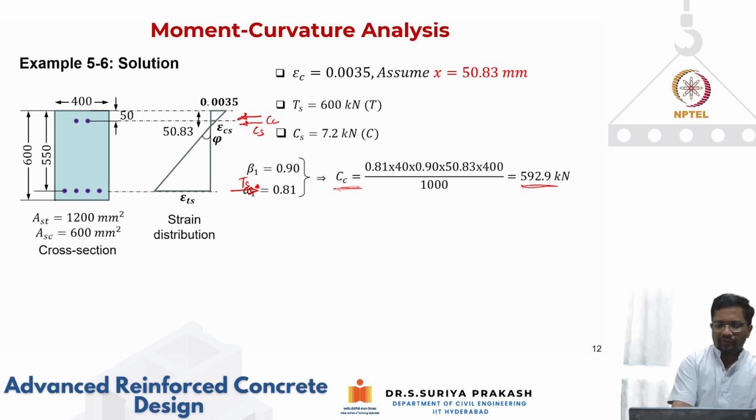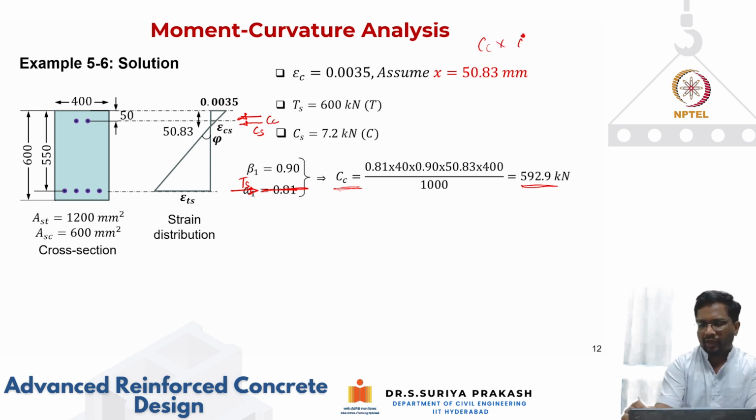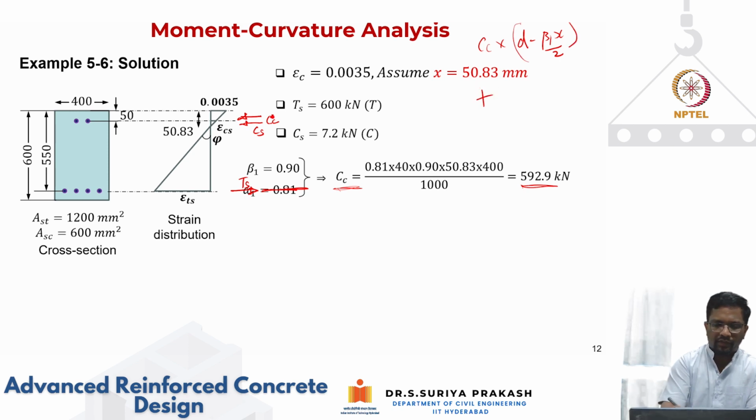Usually we take moment about TS. If I'm taking moment about the tension steel, what would be the moment contribution? CC multiplied by the lever arm. What is the lever arm going to be? d minus beta 1 x by 2, that is your lever arm, plus CS.